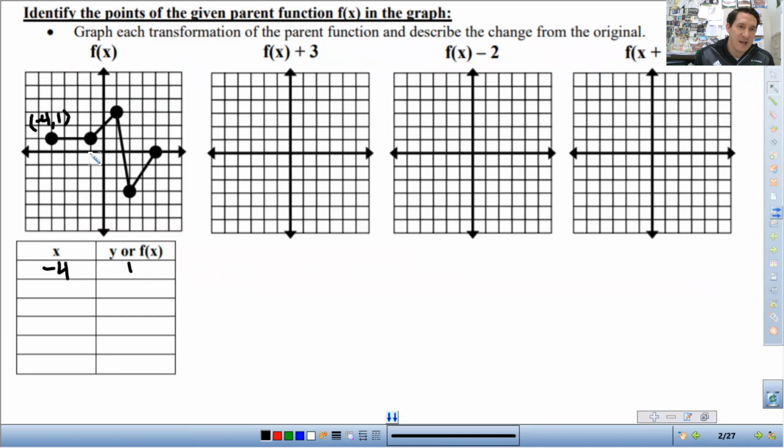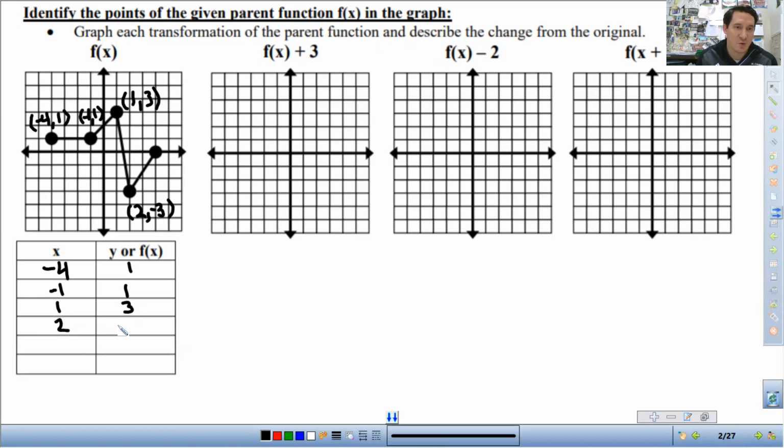So this one's at -1, 1. This next point here, that's to the right one, so that's a +1. And then it goes up 1, 2, 3. So +1, the y is +3. Over here to the right, it's 1, 2, so that's +2 in the x direction, and then down 1, 2, 3, that's -3 in the y direction.